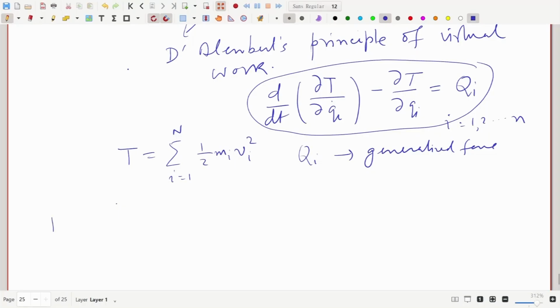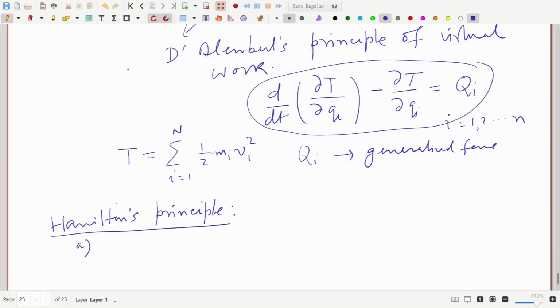Now we proceed to the first type of problem, where we have holonomic systems and we can eliminate coordinates to find the generalized coordinates, and there we can apply Hamilton's principle. Let me remind you what Hamilton's principle was. Hamilton's principle had two parts.